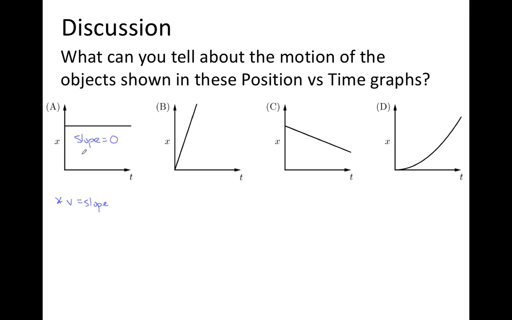So that's going to imply that the object shown here has zero velocity. So graph A is showing an object that is at rest. Okay, graph B shows a linear graph. Linear graphs have constant slope, so we can infer that object B is moving with a constant velocity.